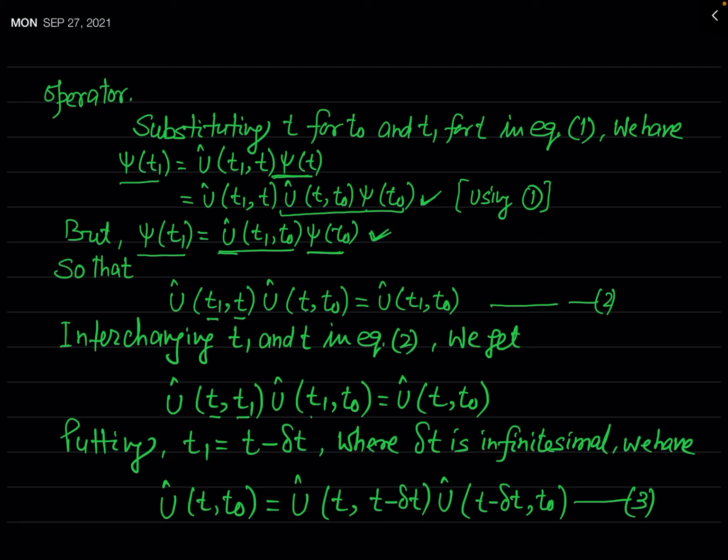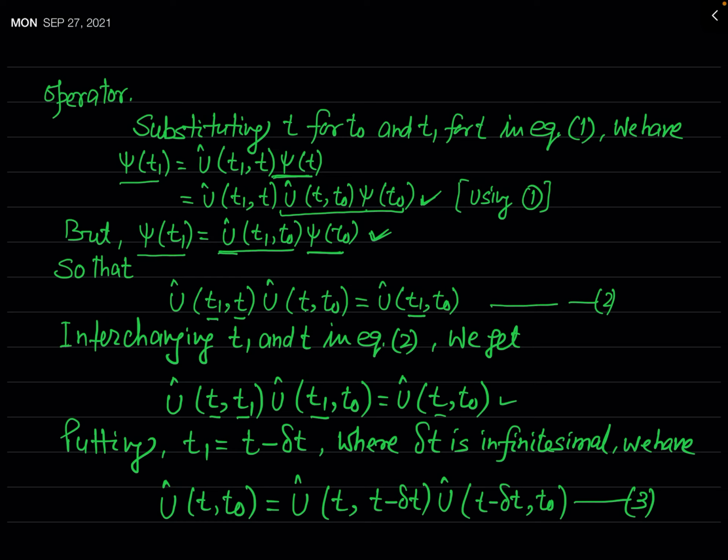Again here is t, so we will write t1, but t naught will remain as it is, and in the RHS there is t1 which will be replaced by t. So in this way, interchanging t and t1 in this equation 2, we get this result, you can see.